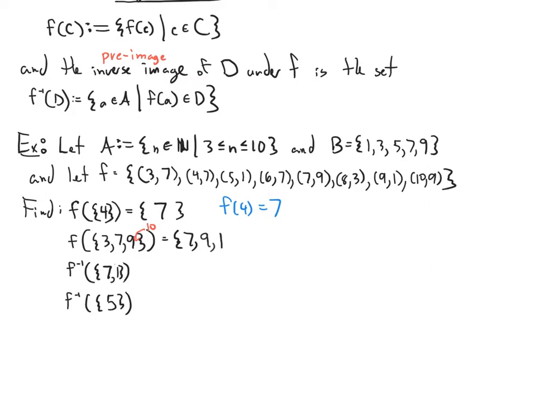And f of 10 is 9, but I already have 9, so I don't need to write it again. Remember, sets don't really have repeat elements in them. So the image of this subset, 3, 7, 9, 10, of our domain is the set 7, 9, 1.